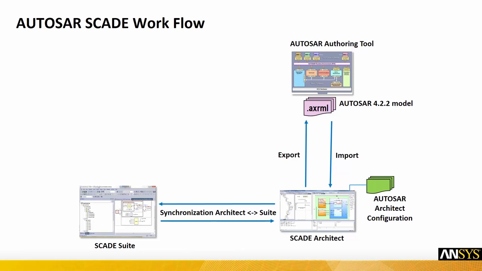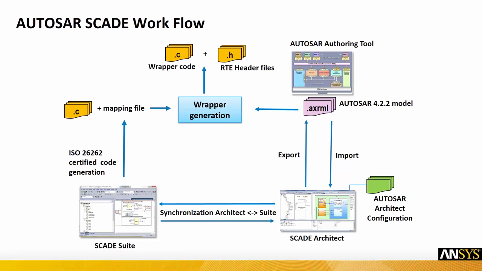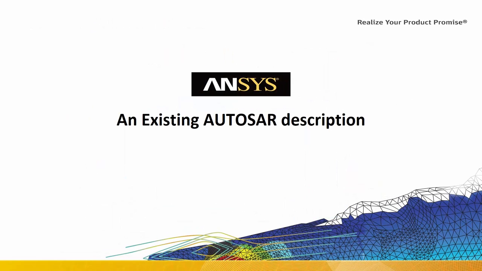As the synchronization is bidirectional, it ensures full consistency between the architecture and implementation interfaces. The model behavior is designed in SCADE Suite, and the certified code is produced. Using that code and additional architecture level information, the AUTOSAR compliant code is generated. We will now illustrate this flow here.